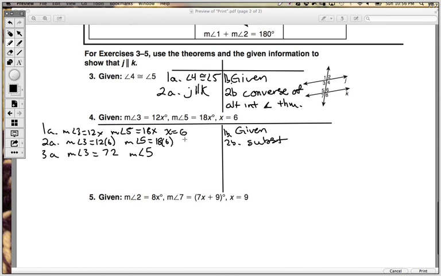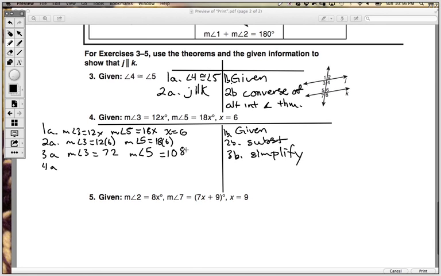That would be 108. Yep. All right, now here is what's kind of crazy. I know that measure of angle 3 plus measure of angle 5, if I were to add these two things, I could say this. Oh, and by the way, this is just simplifying. That's what we got here.